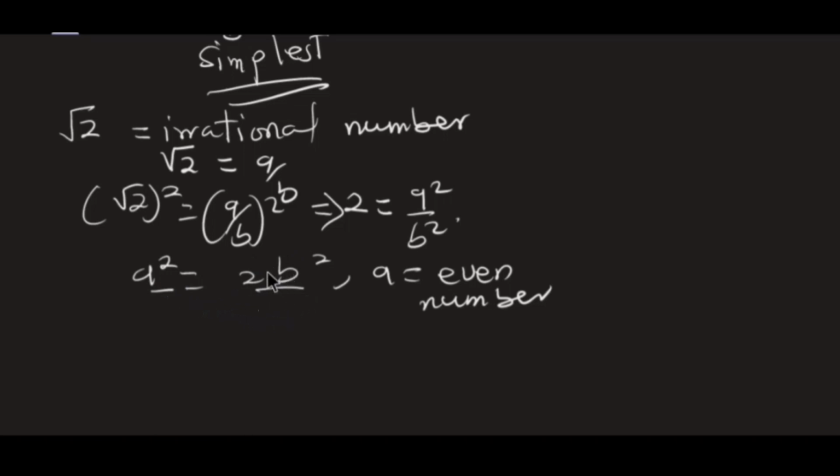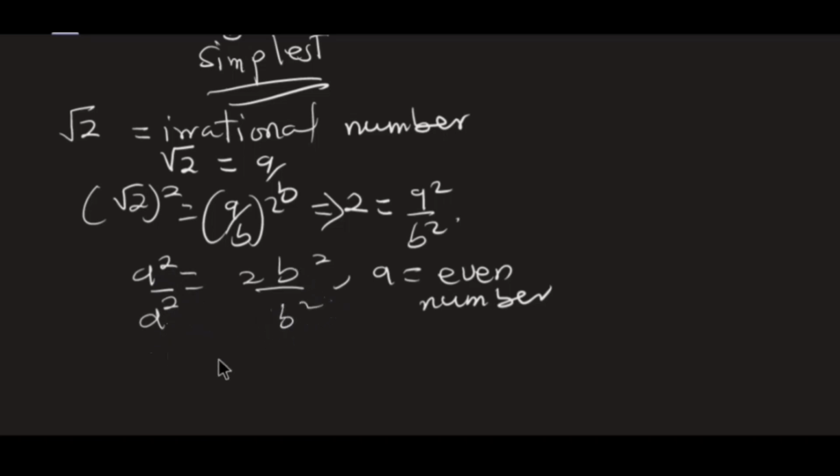Or if I make, let's say, b to be 2, this will be 2 to the power 2, that is going to be 4. So 4 times 2 will be 8.